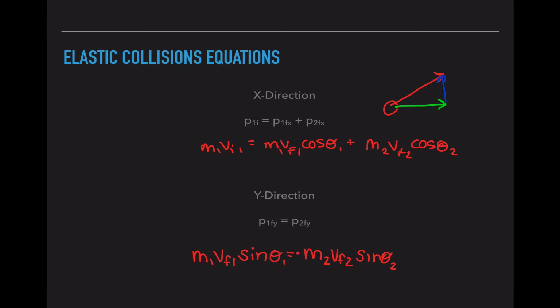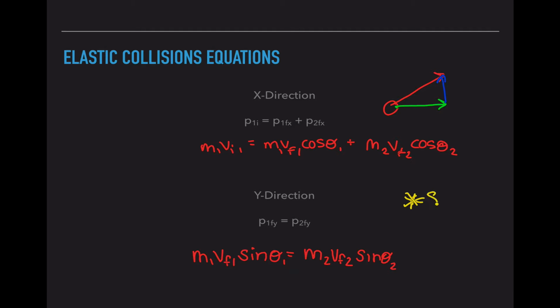So every letter has at least one indicator. A number to tell me which object we're looking at, and a letter to tell me if it's initial or final. Okay? Now, on this slide, in yellow, I'm going to write something that's really important.